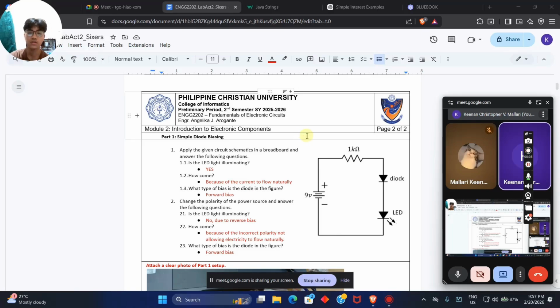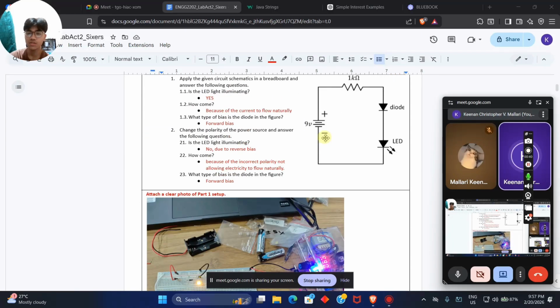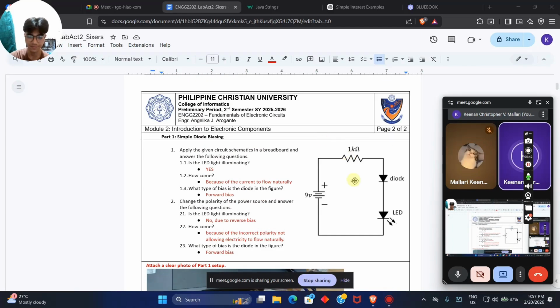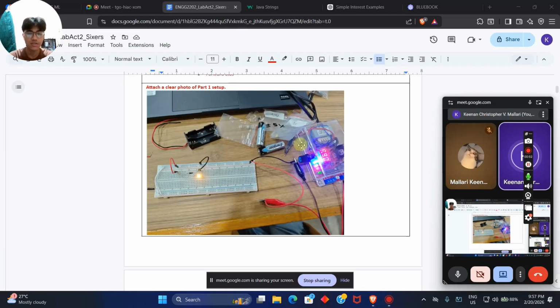On the image here, we have a diode and LED with a resistor and a 9 volt power supply. Here is our picture.